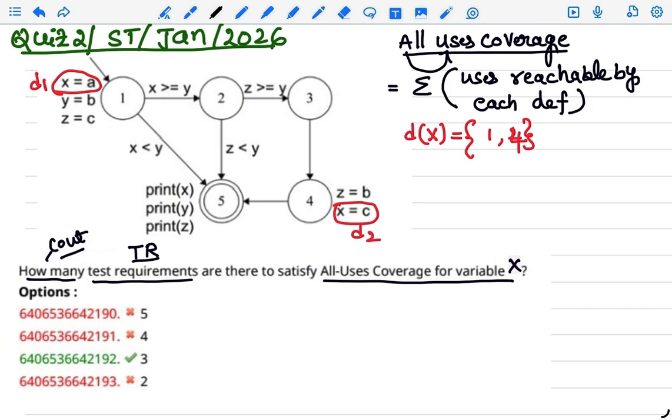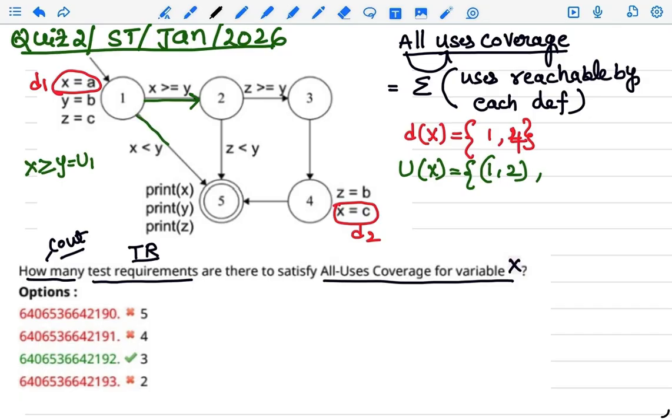Okay, next, the uses. You represent the uses of the variable x where x is used. That is, x is used at edge 1 to 2, that is x greater than or equal to y. So x greater than or equal to y is use 1. That is at edge 1 to 2. This is the edge, represented in brackets.